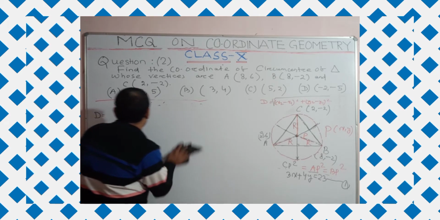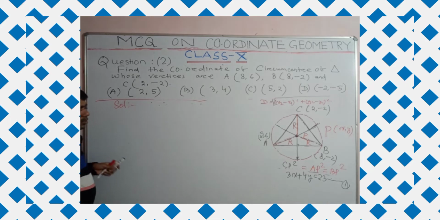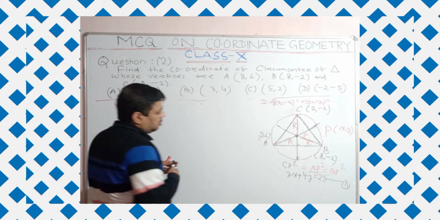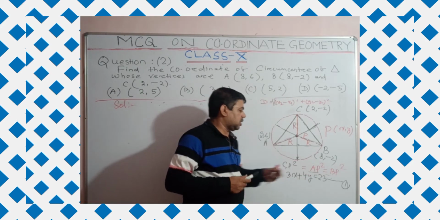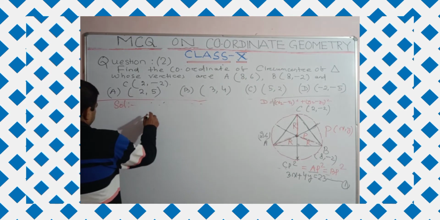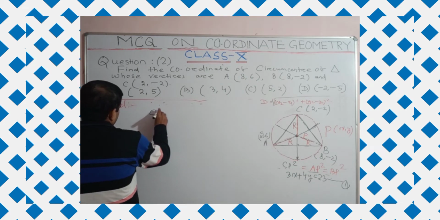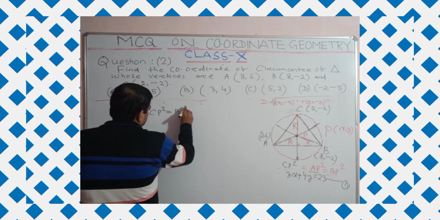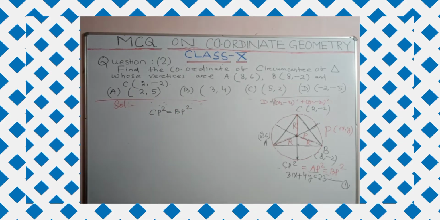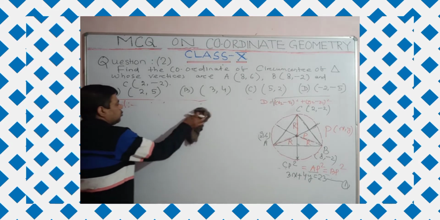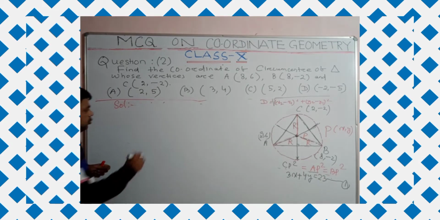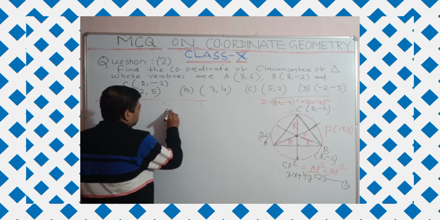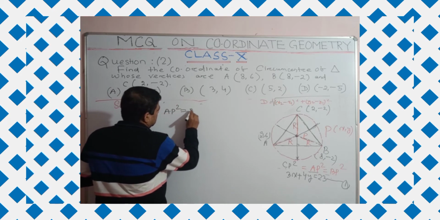You can equate also CP square is equal to BP square. You can take CP square is equal to BP square, or you can take AP square is equal to BP square. No problem. So AP square is equal to what? BP square. Do you get that?